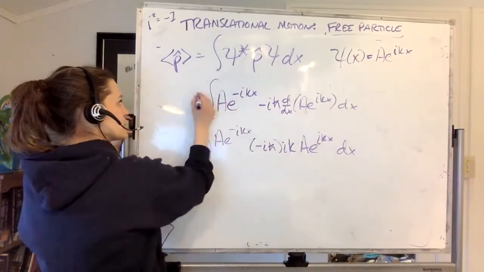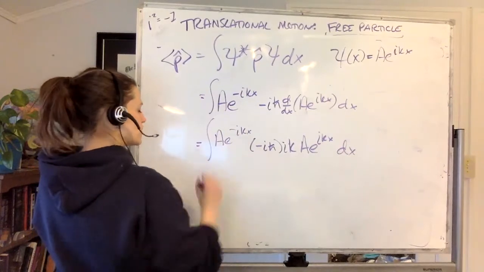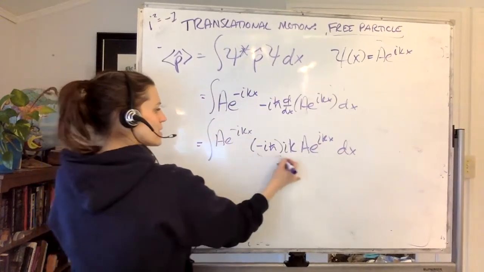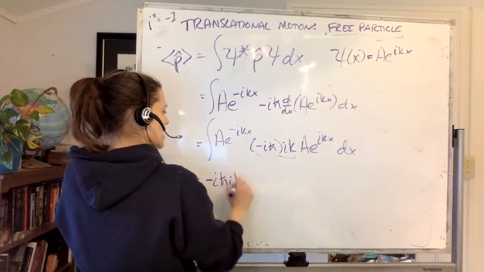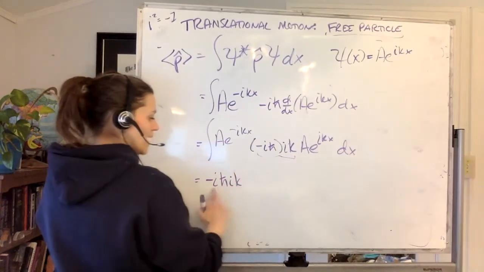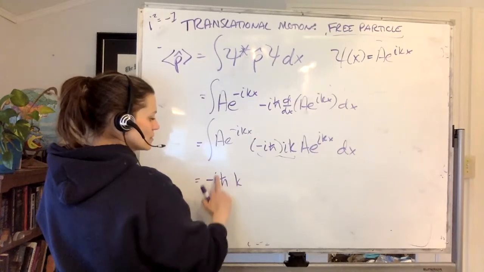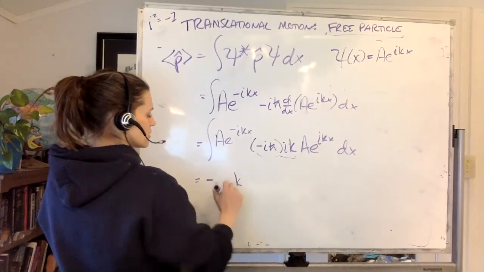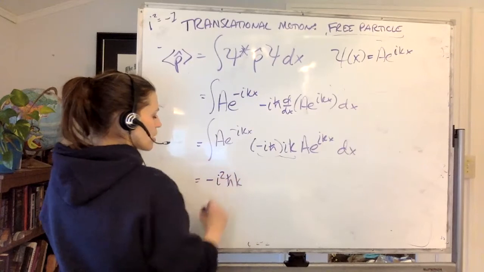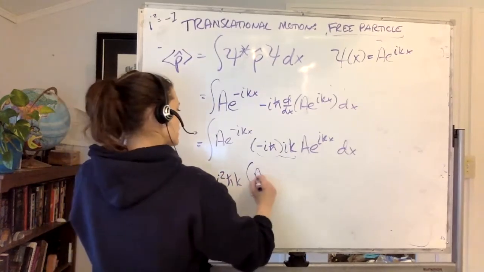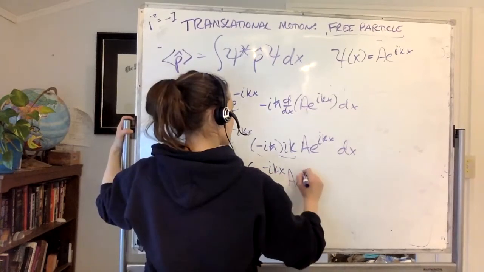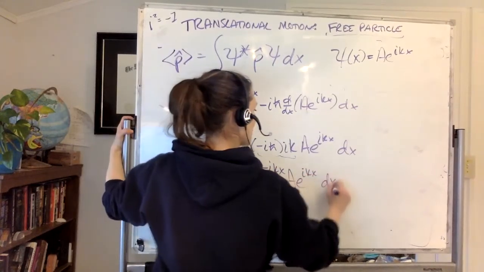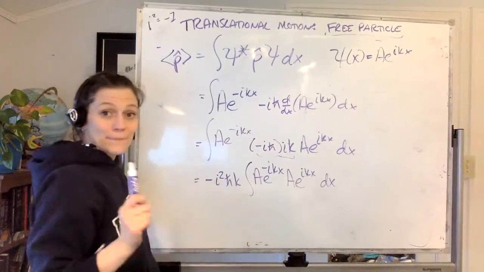I'm going to rearrange this a little bit, and you'll see why in a second. I'm going to take these things out of the integrand: minus i h bar times i times k. My i times i gives me an i squared. So I've got i squared h bar times the integral a e to the minus i kx a e to the i kx dx.